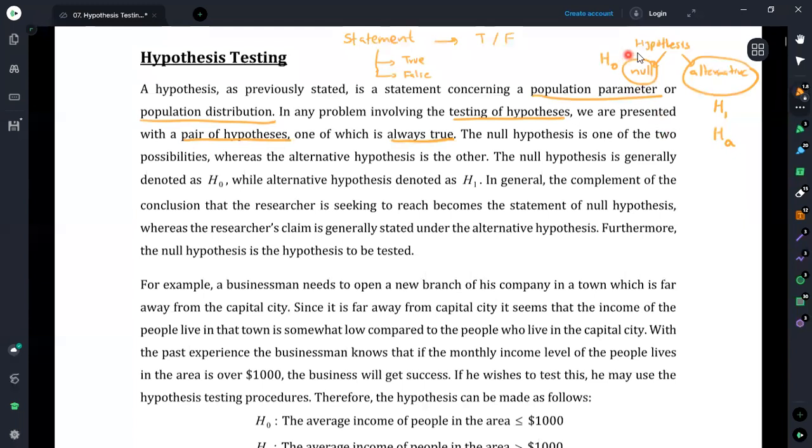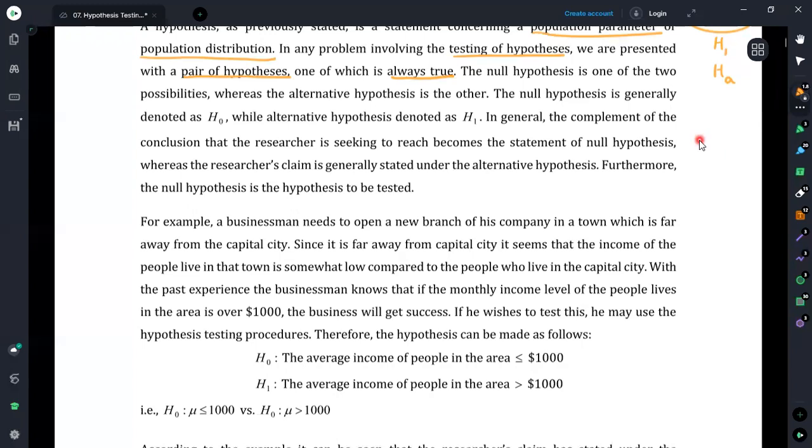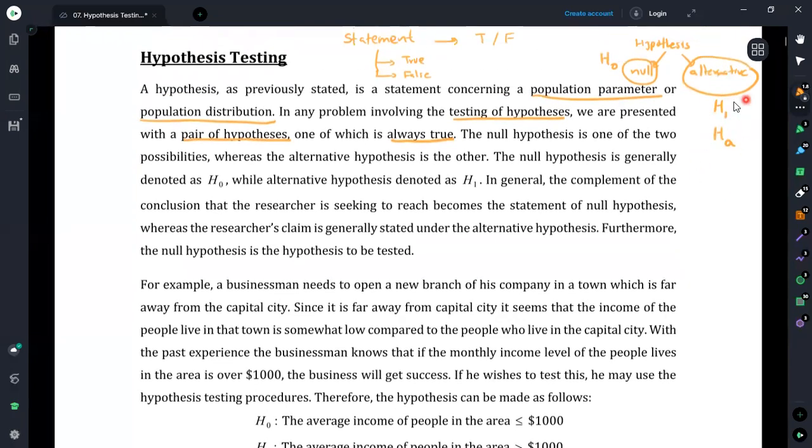When writing down the null and the alternative hypothesis, generally the general comment or the statement is mentioned under the alternative hypothesis. The statement that we are mentioning is supposed to be the claim. We are naming it the claim.